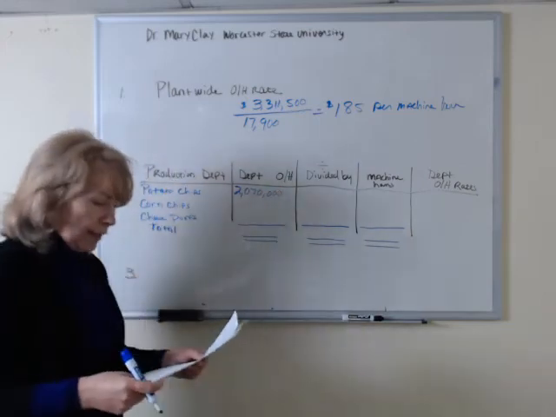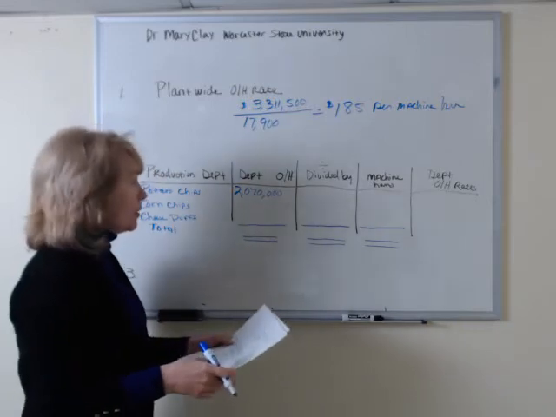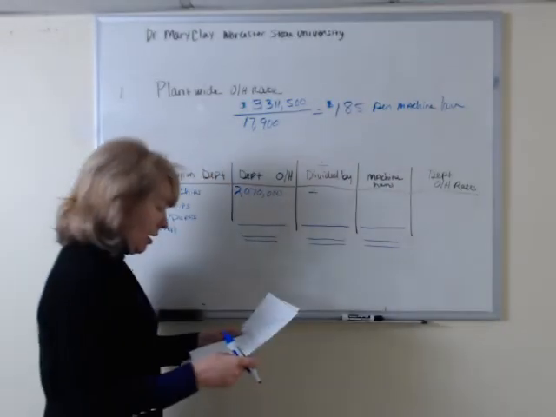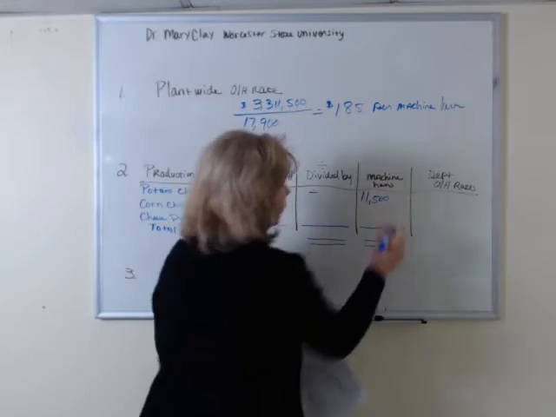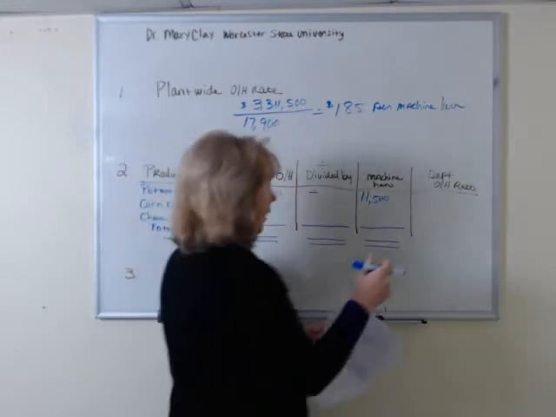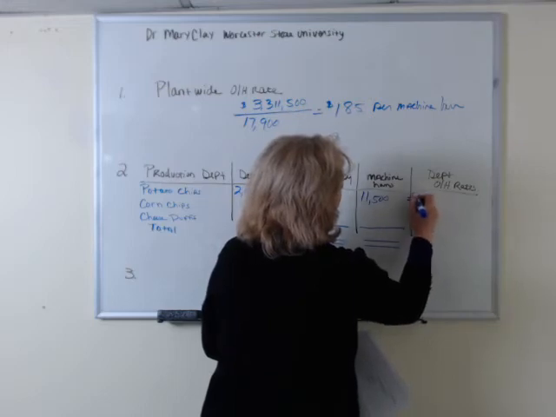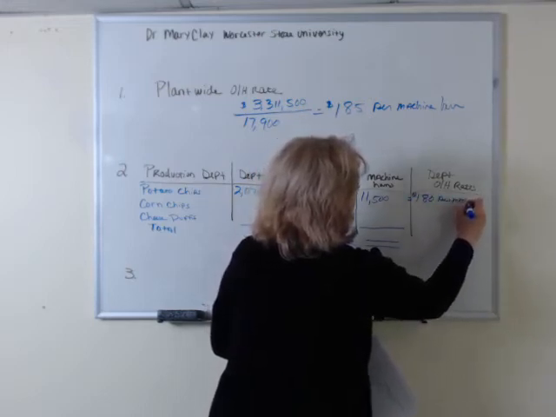They tell you that the number of machine hours required for potato chips is 11,500, and you're going to divide this. Okay, so you just divide it out and you come up with $180 per machine hour.